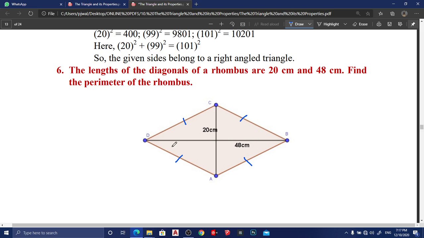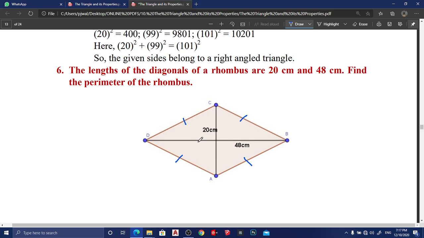But two more properties are there here. Always the diagonals intersect each other and bisect each other. What is the meaning of bisect? They intersect each other, dividing each other into two equal parts. That is nothing but the bisection.